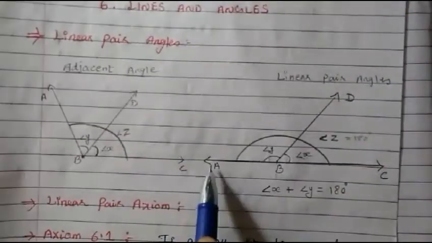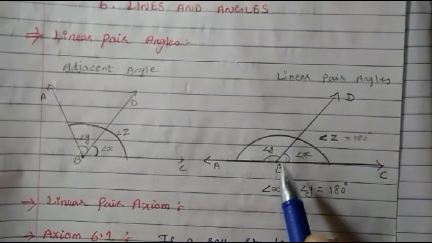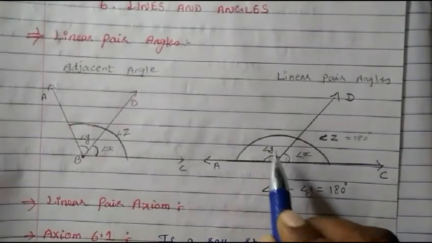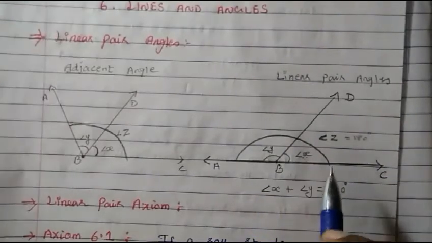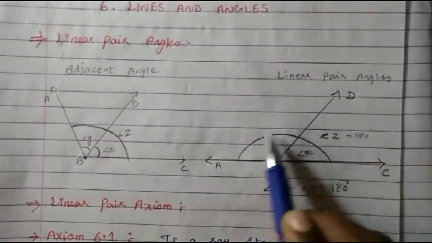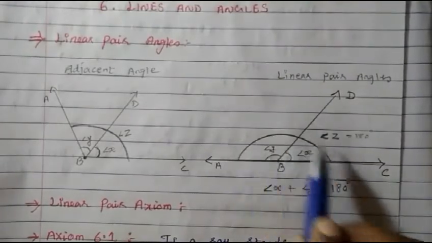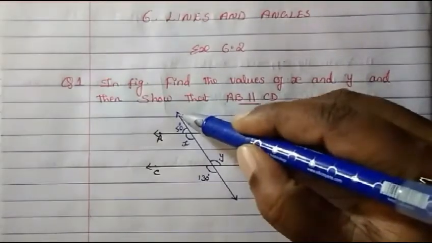I told you that when the line is straight and one transversal is there, the sum of the two angles becomes 180 degrees. Straight line means the whole thing becomes 180 degrees. Can you see the same way here? This is a straight line.